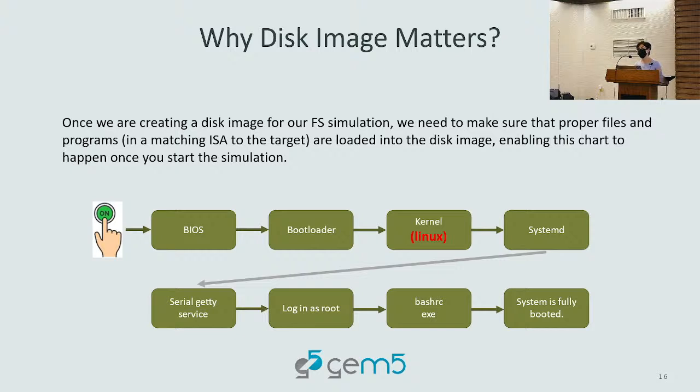The primary maintenance area or storage for those important things, such as the bootloader, kernel, and all of the other programs such as systemd and bashrc, they all reside in the disk.